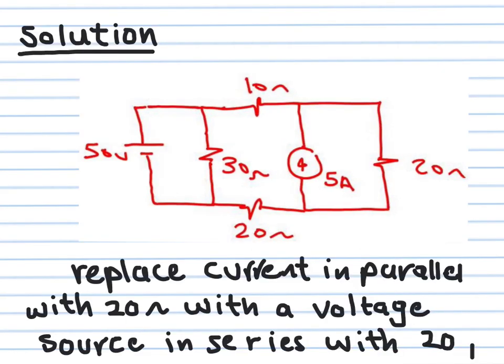Here I simply redrew the circuit, mentioning my strategy. I'm going to convert this 5 ampere current source in parallel with a 20 ohm into one voltage source of value 5 multiplied by 20 in series with 20 ohm. This will open up this loop, and this will become part of the bigger loop. So let's see how this looks after we make this simplification.